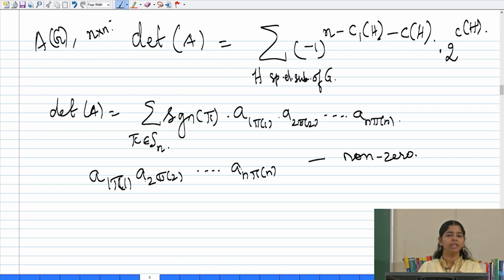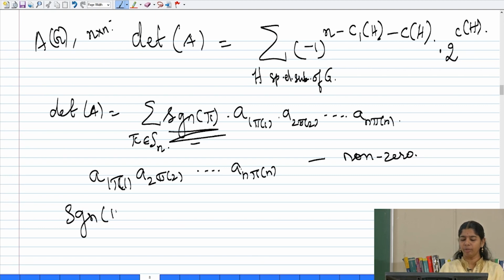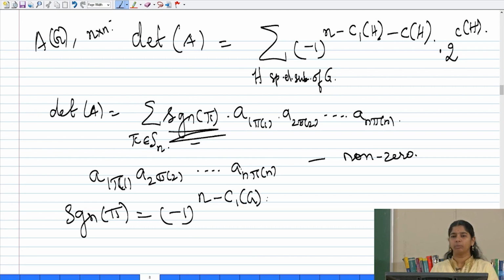Each of these non-zero terms gives me cycles and edges that are present here, because this permutation could have a cycle in itself. If pi has a cycle, then I am talking about an elementary cycle existing in my subgraph. That is how we pull out this idea of elementary subgraph, and the minus 1 to the power of n term corresponds to the sign of the permutation. So, the sign of this permutation is going to be nothing but minus 1 to the power of n minus C1 of G minus C of G.